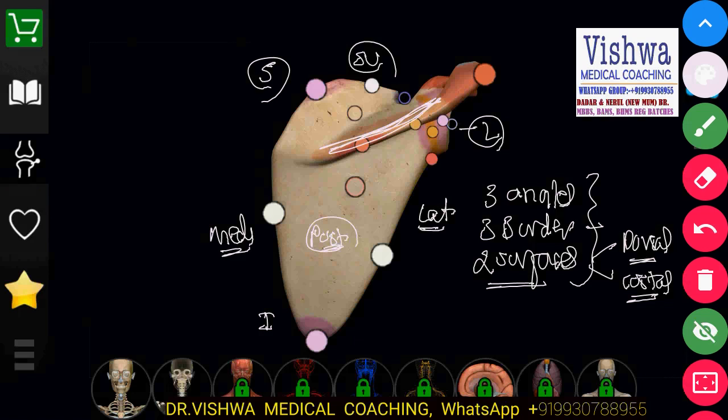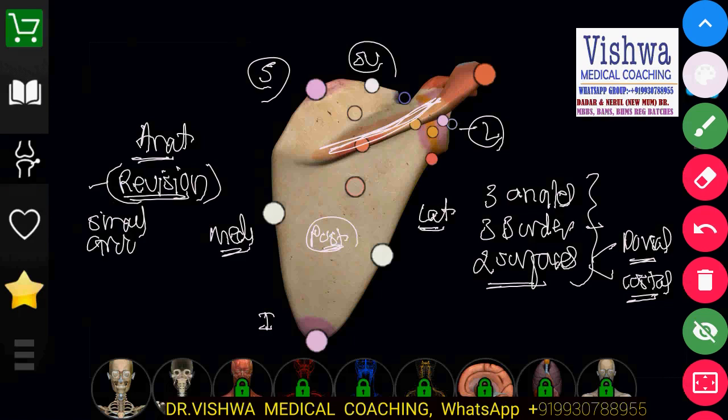After understanding this, see what you can do, because anatomy can only be understood by revision. But when you have understood it, you can form small groups and discuss the bones among yourselves. Ask someone to describe, or each of you can take one bone and describe it. We used to do it.